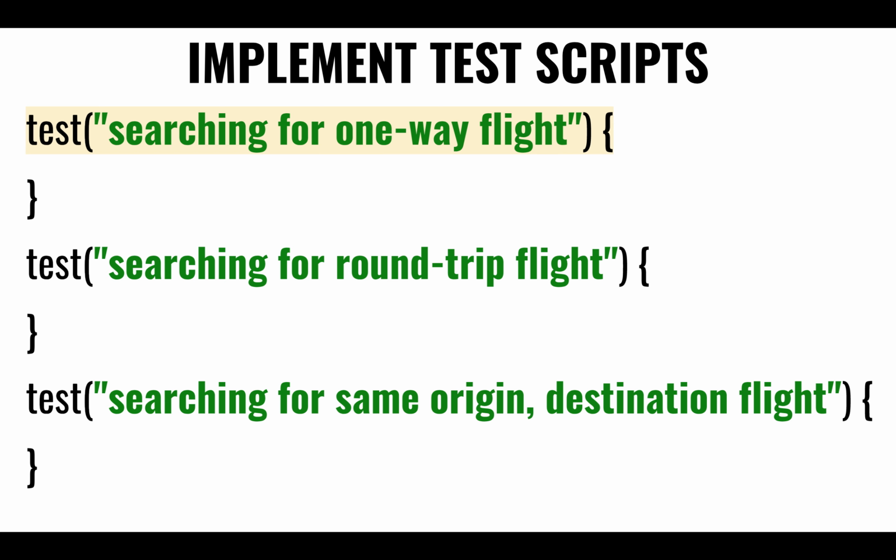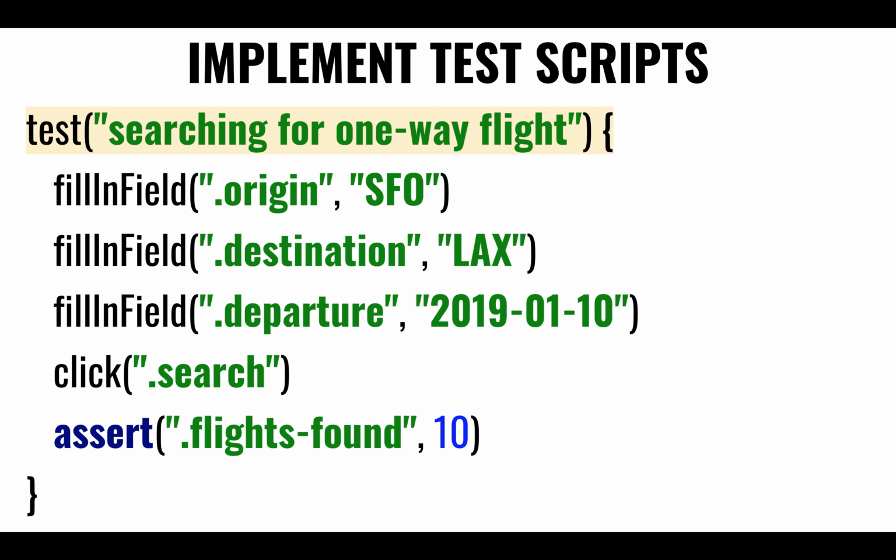So here are 3 of these scenarios that we've decided to automate, listed here: searching for one-way flight, round trip, or same origin and destination. If we just focus on one of them, usually the framework or the language will give you a mechanism to interact with particular fields, particular buttons, scroll bars, text areas. So in this particular case, we are able to type into particular input fields, such as the origin input field or the destination input field or the date of departure field.